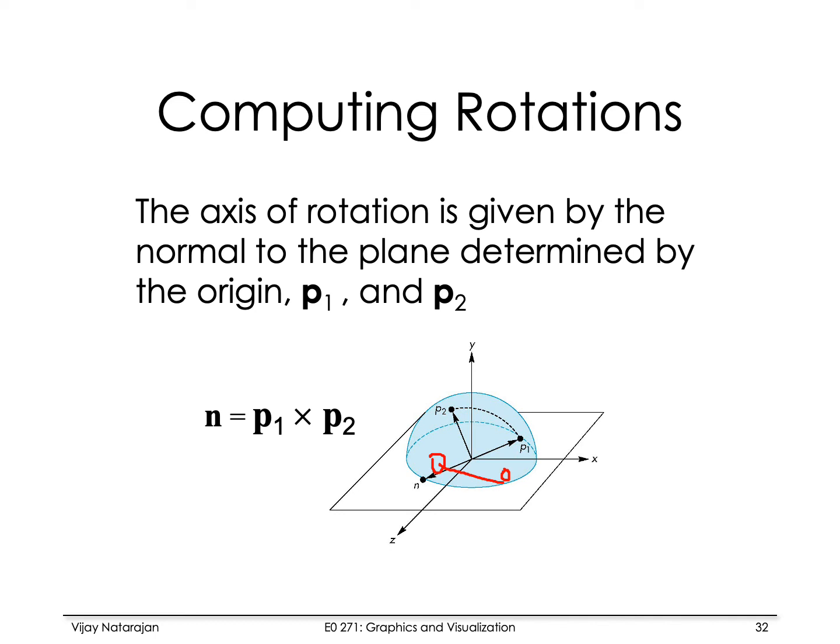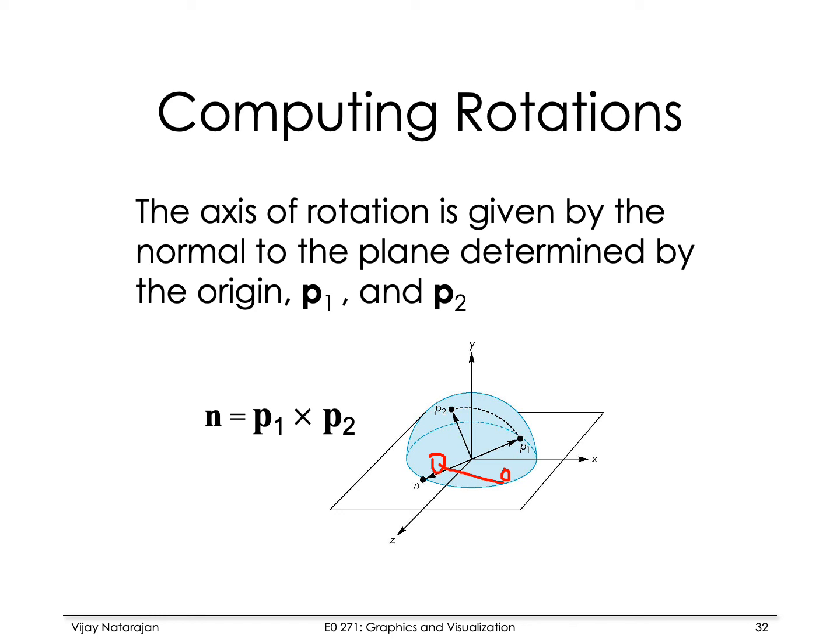So the rotation that is given by this mouse movement on the mouse pad is equal to P1 rotating towards P2, right? So what is the angle of rotation? It's essentially the angle subtended by the vector given by origin to P1 and origin to P2, right?